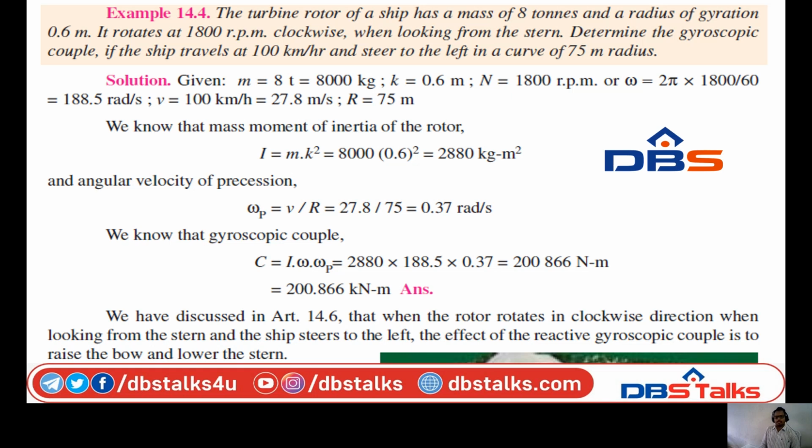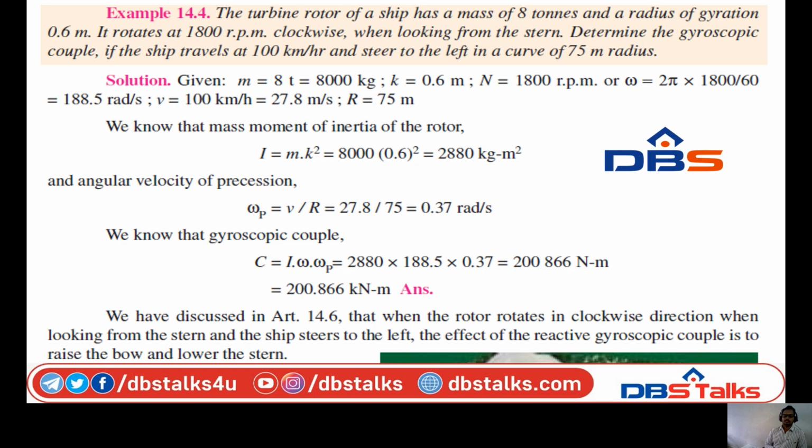So V is equal to 100 kilometers per hour. All the contents are in meters, so we have to convert it to meters, and the angular velocity is in seconds, so we have to convert the velocity into seconds also.